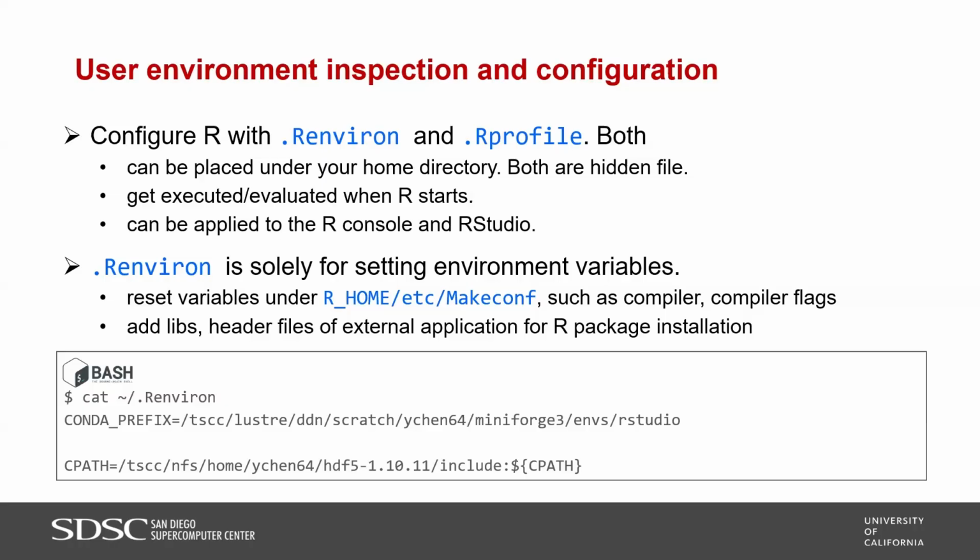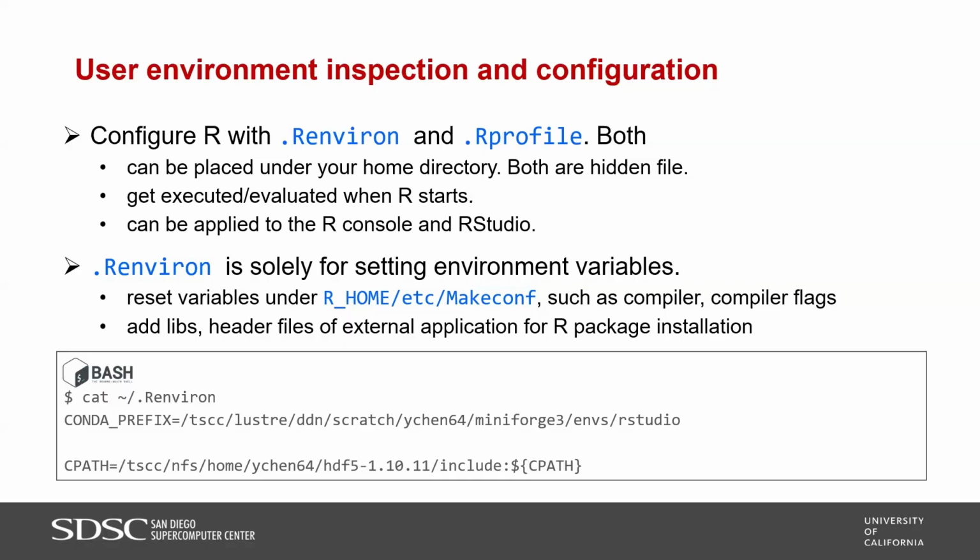For example, if you want to change the compiler or compiler flags that come with your R, and you want to modify how R compiles its packages, you can set those environment variables in the R environment file, or if you want to add libs and header files of some external applications for the R package installation, you can also directly set those environment variables.